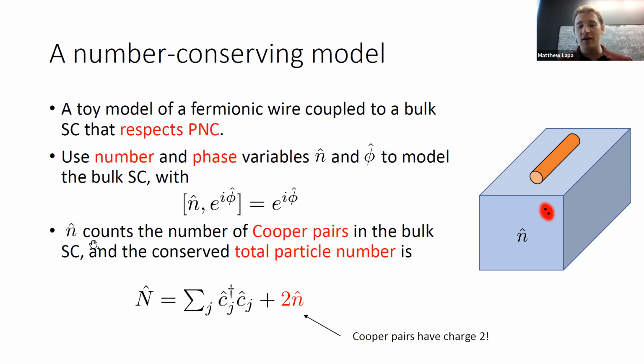And this lowercase n physically counts the number of Cooper pairs in the bulk superconductor. And so our model will have a total conserved particle number, capital N, which is equal to the number operator for the fermions on the wire plus twice this lowercase n. And then, of course, e to the i phi adds a Cooper pair to the superconductor.